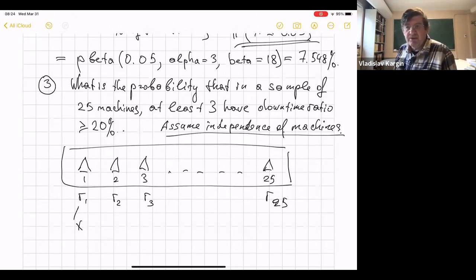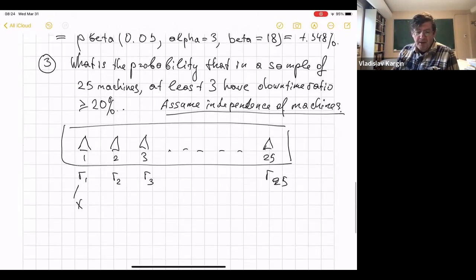They are selected more or less independently from each other. So we model every downtime ratio by random variables X1, X2, X3, and so on, and we see that this is a sequence of 25 trials, and in these 25 trials we ask what's the probability that at least 3 are defective.